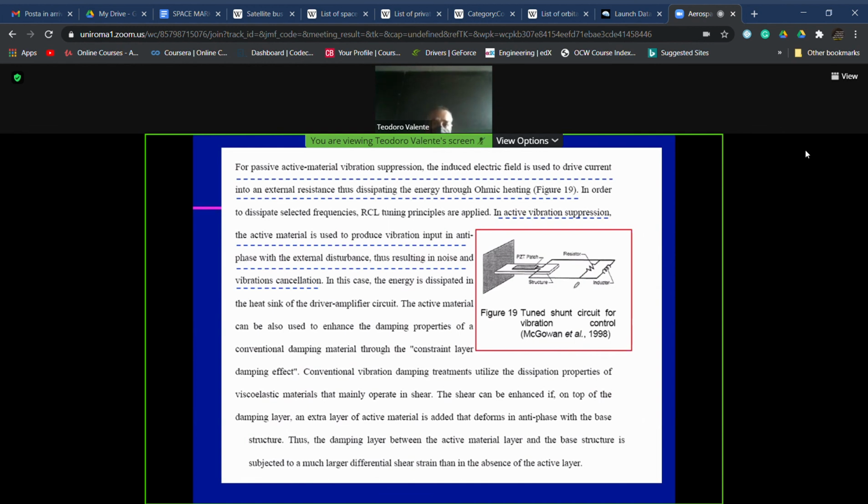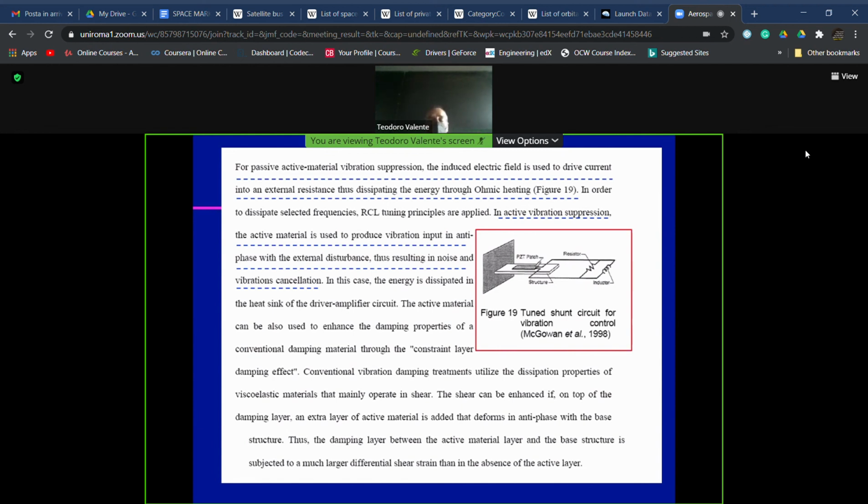And this is, let me say, the active way to contrast, or in some cases to suppress, vibration. But you can also have an indirect approach. That is, you can force deformation of the piezo materials by applying a voltage externally to the piezo materials.